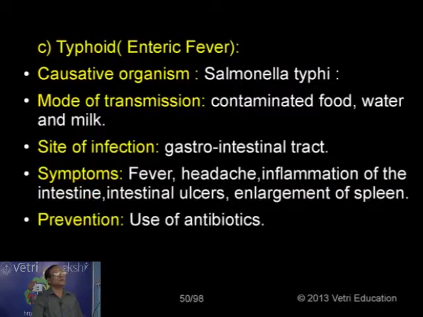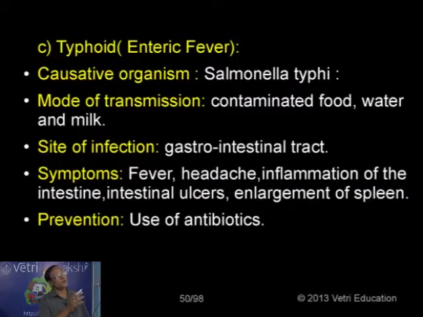Now the third one, typhoid. As it causes fever by causing damage to the intestine, it is called enteric fever. Typhoid is called enteric fever because the inflammation occurs in the intestine, leading to typhoid fever. Typhoid includes both typhoid and paratyphoid fevers.